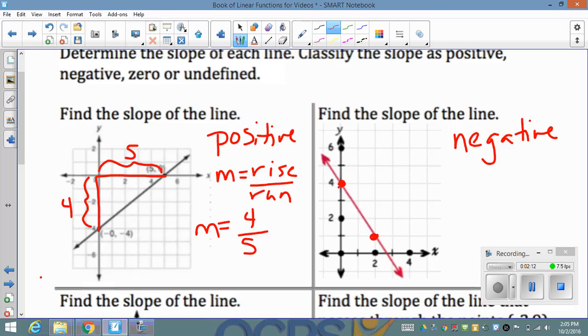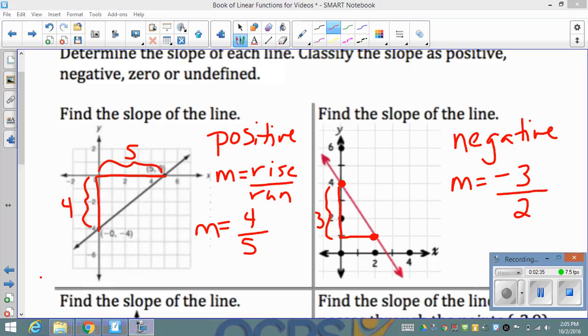So again, I'm going to draw in my little rise over run triangle, and I'm going to count down 1, 2, 3. So my slope is going to start with a rise of negative 3. I went down, and then I'm going to go to the right 1, 2. So that'll be a positive 2.